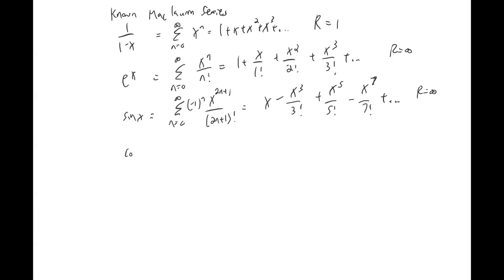I actually didn't copy all of the radius of convergence, so my bad. But it's in your book. Cosine is 1 minus x squared over 2 factorial plus x to the 4th over 4 factorial. So again, cosine's the even ones, right?